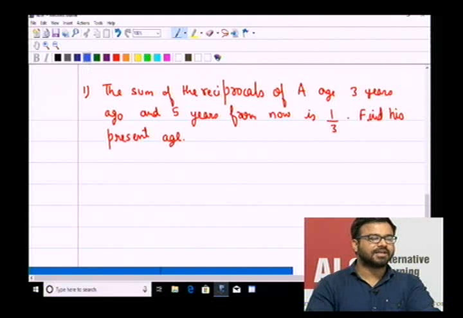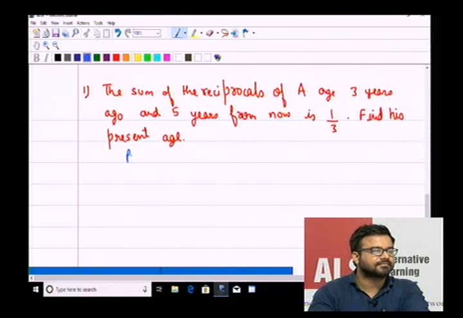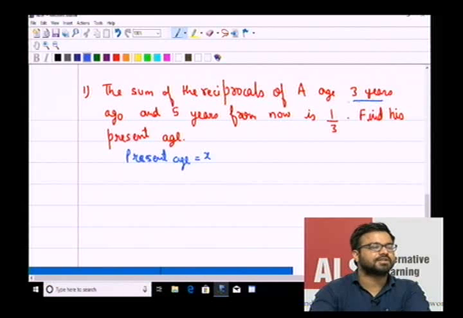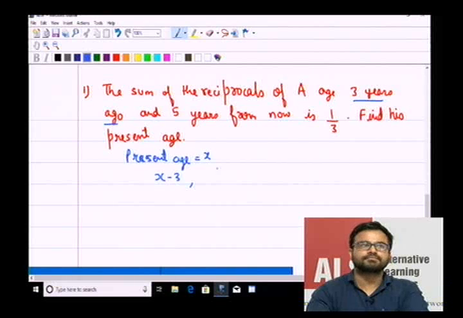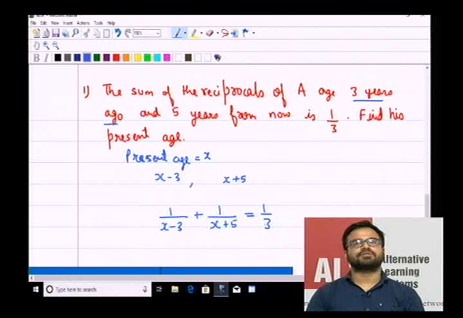You can take the present age of the person as X. Now age 3 years ago will be X minus 3, and age 5 years from now will be X plus 5, and the sum of the reciprocals of these two is 1 by 3. Reciprocal means 1 over X minus 3 plus 1 over X plus 5, that is coming out to be 1 by 3. This is given in the question.